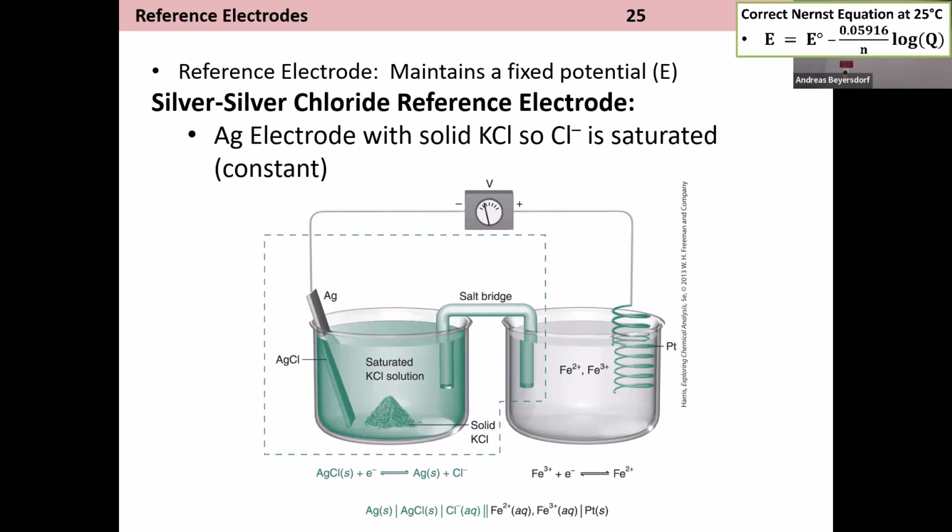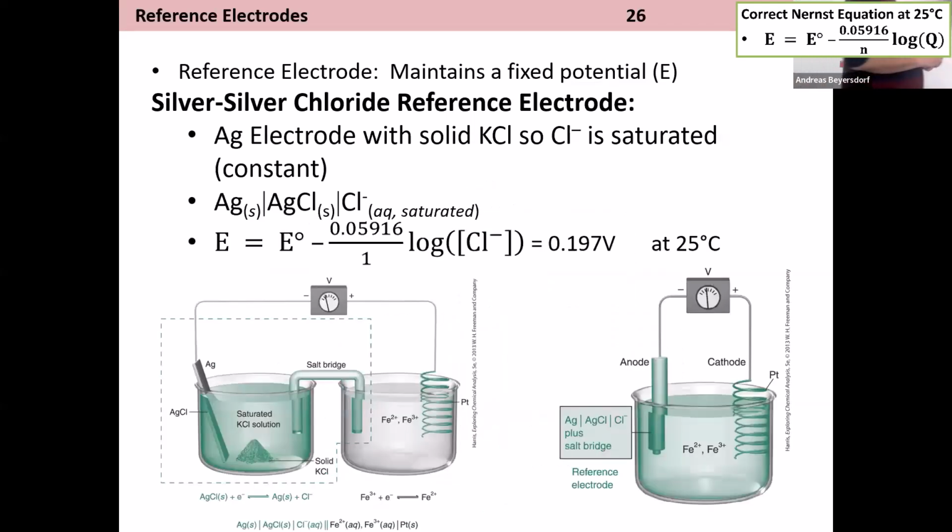It's constant. This is shown as Ag, AgCl, Cl minus, right? And it has a cell potential of 0.197 at 25 degrees Celsius.